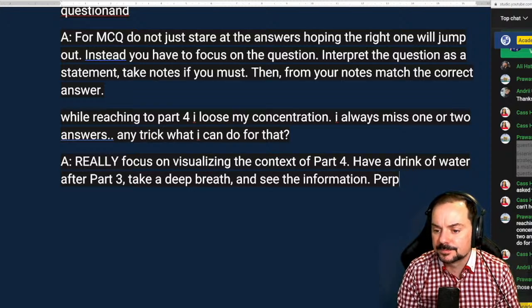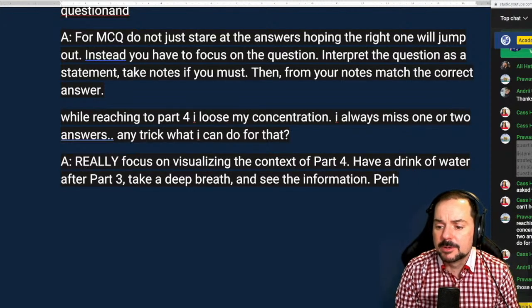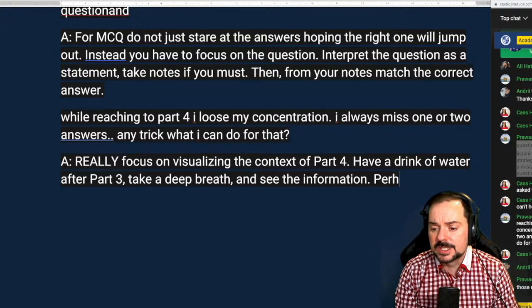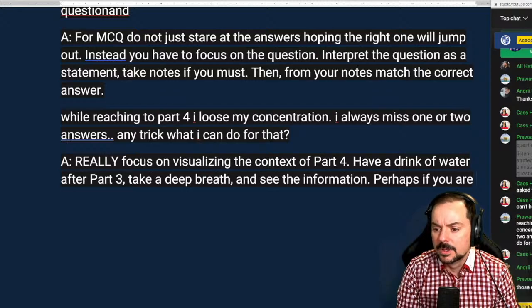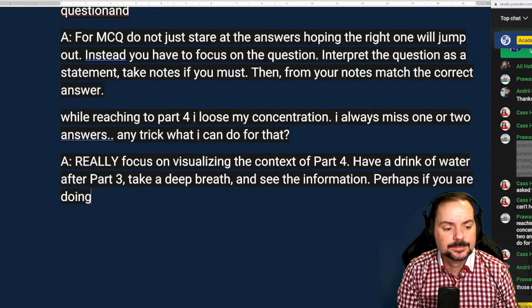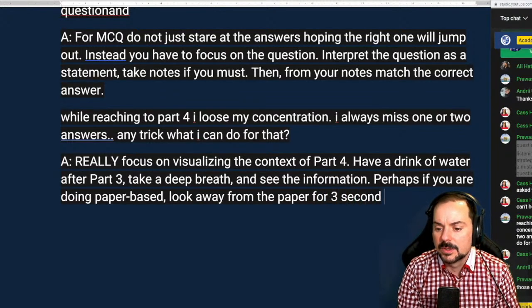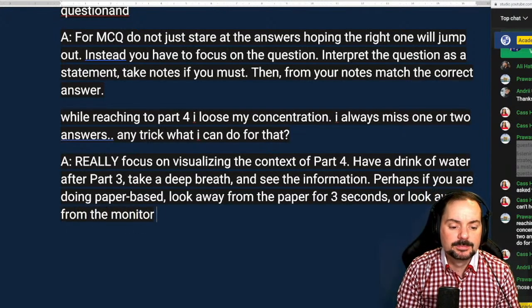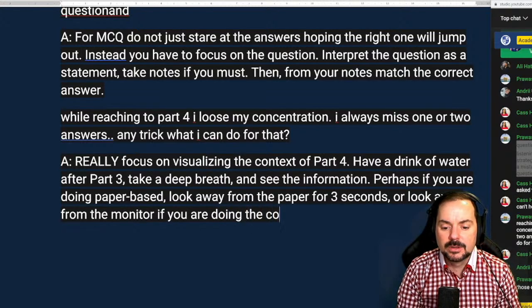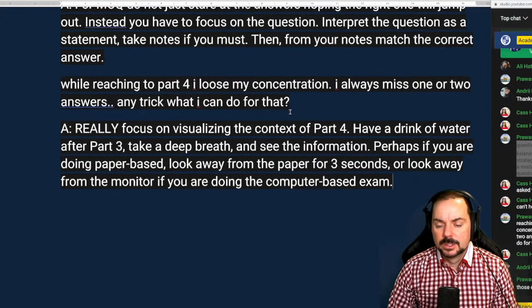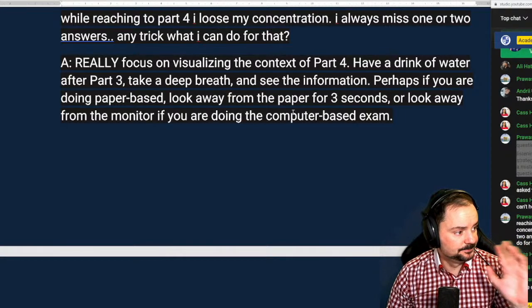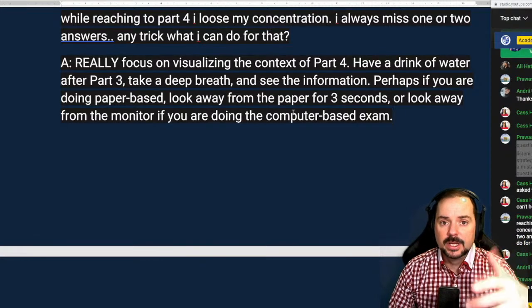If you're doing the paper-based exam, look away from the paper for 3 seconds, or look away from the monitor if you are doing the computer-based exam. Just take your eyes off of it. 3 seconds, 1, 2, 3, and then look again and focus.